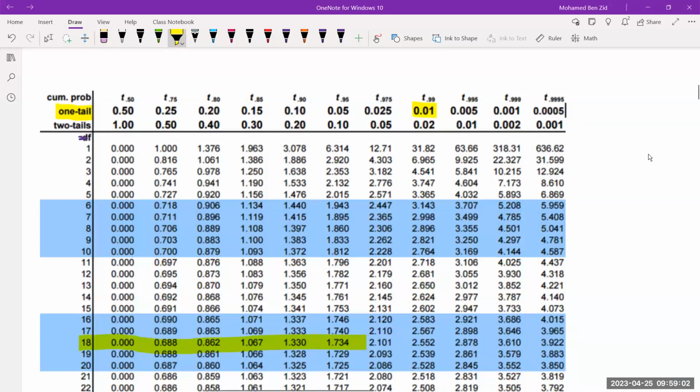For two tails, it's going to be 0.002. So I am going to follow this column over here, and you intersect the column with the corresponding row. And this is going to be the value. This value could be positive, it could be negative. I don't really know. All right. So I know the value is 2.552, right?